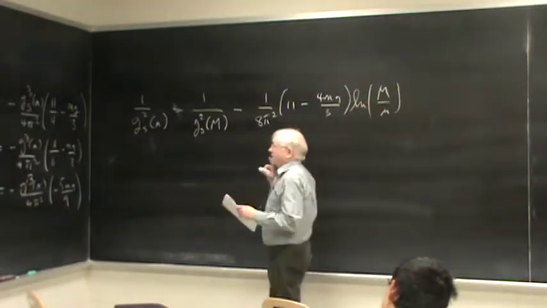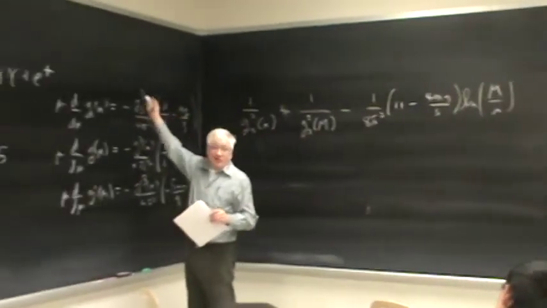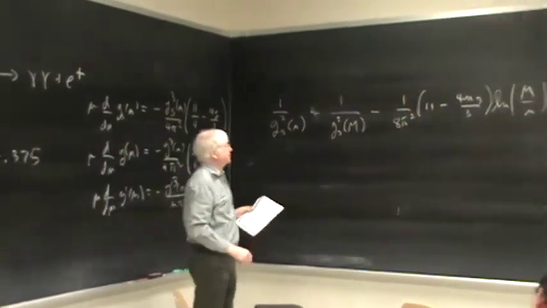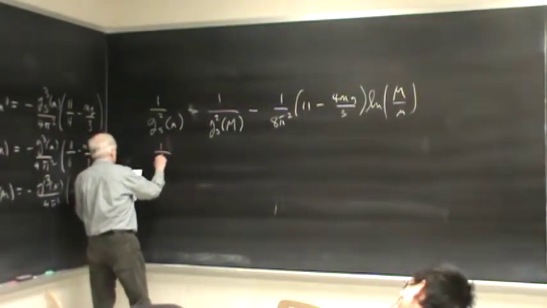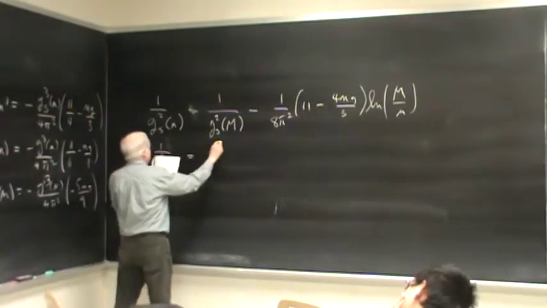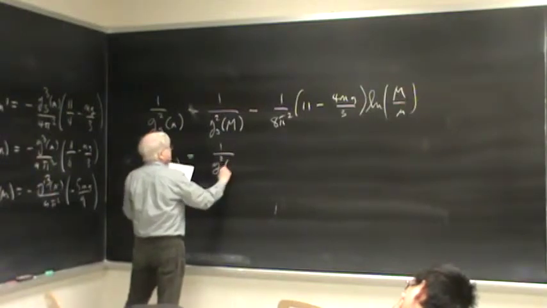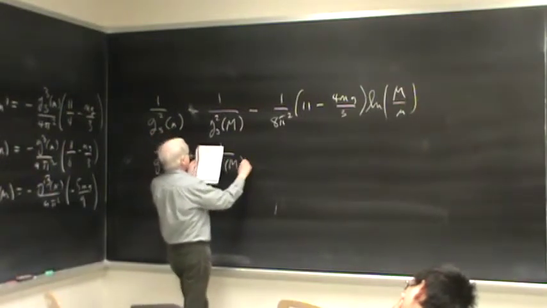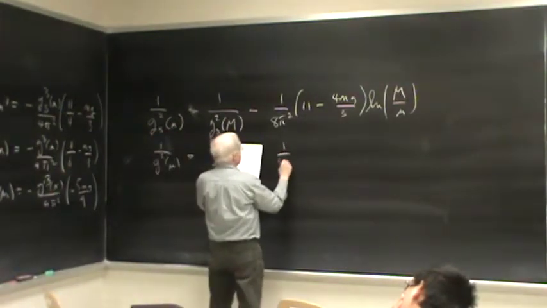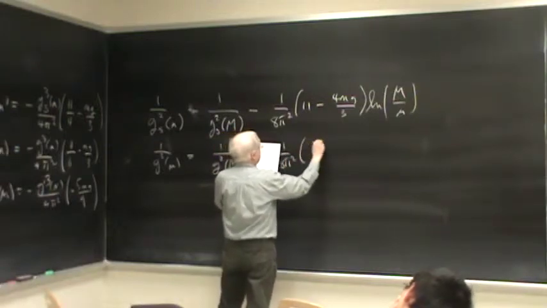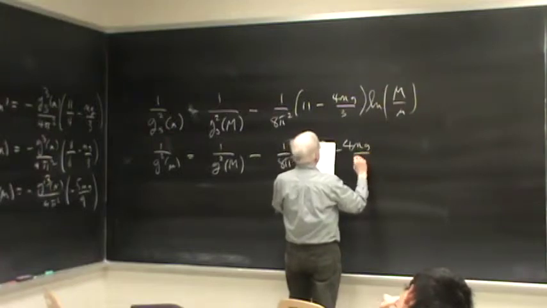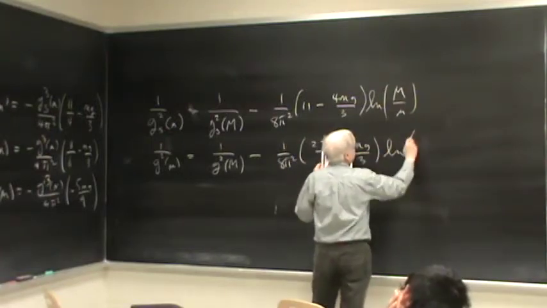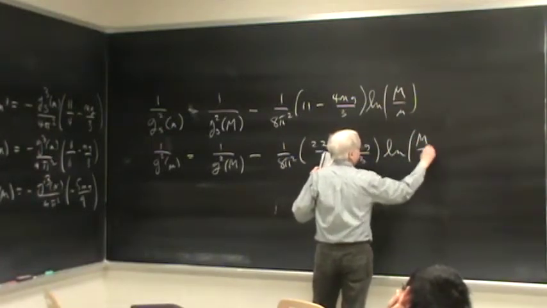Of course, the log comes from d mu over mu integrating to log mu. You get that equation, and 1 over g squared of mu is 1 over g squared at unification minus 1 over 8 pi squared times 22 over 3 minus 4 times the number of generations over 3, log M over mu.